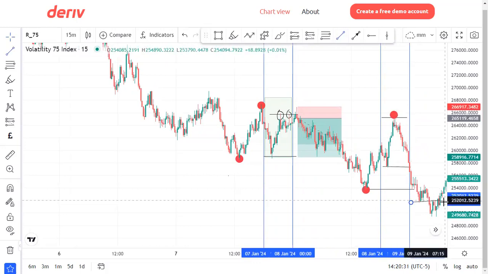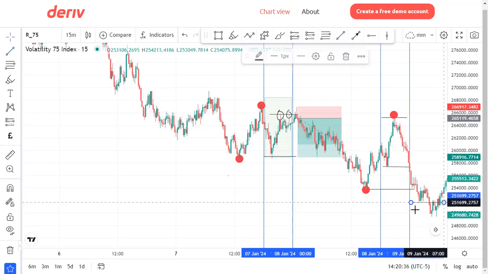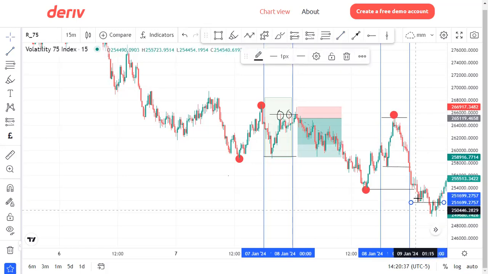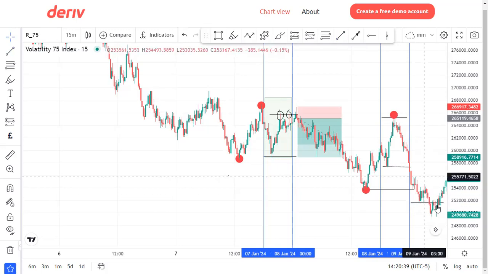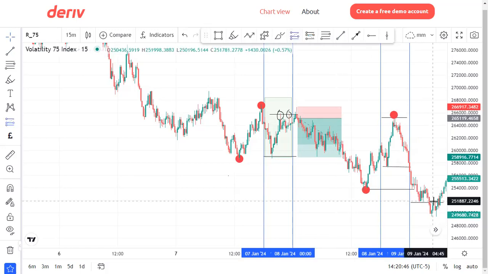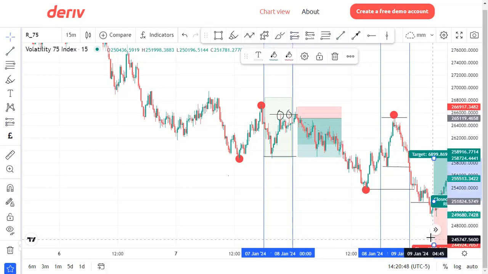This is a stop out. This market came down, came inside, then we are expecting a retracement. So what we are going to do is we are going to buy.